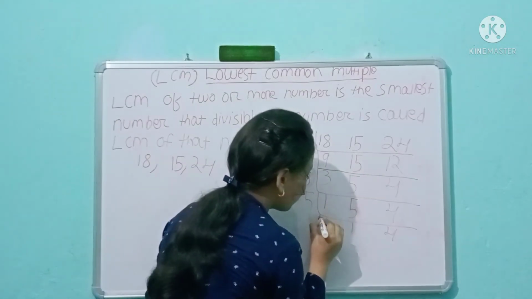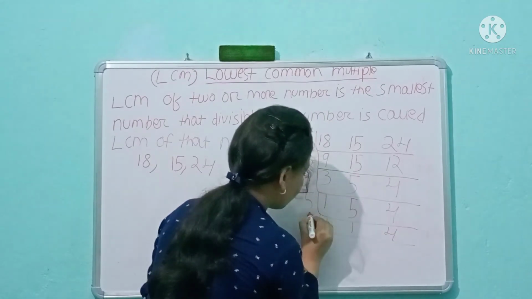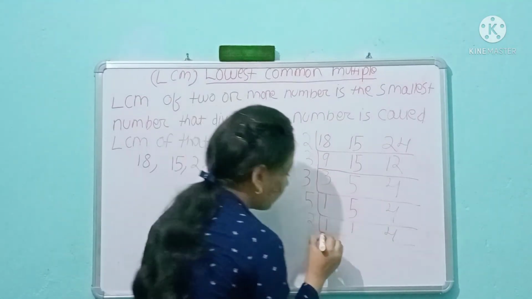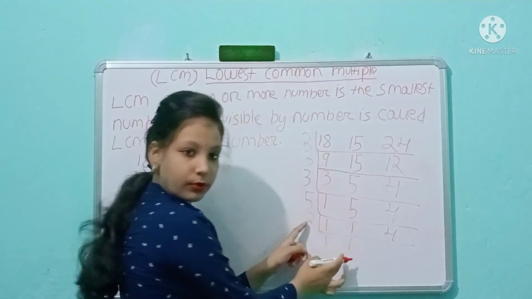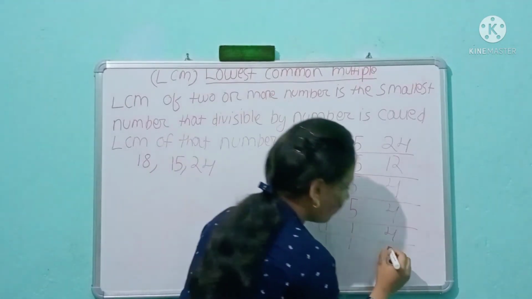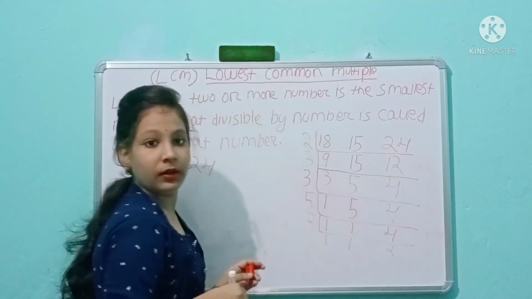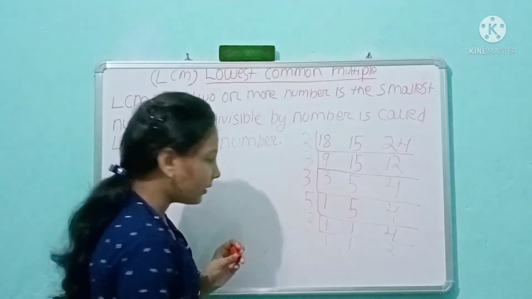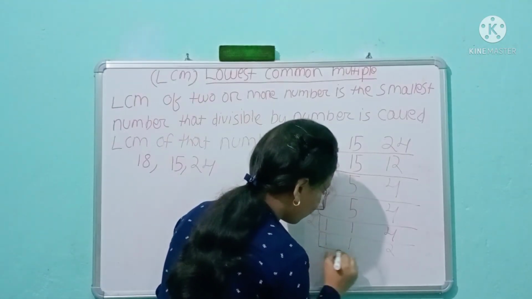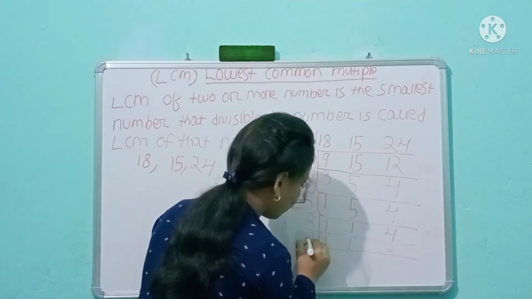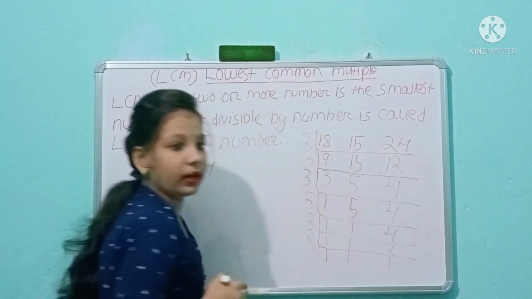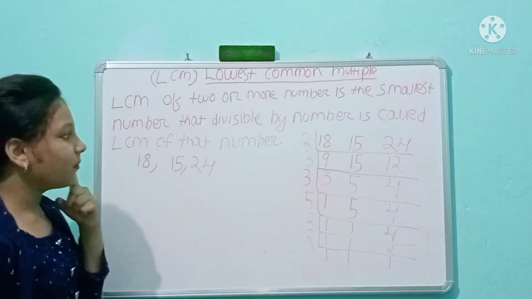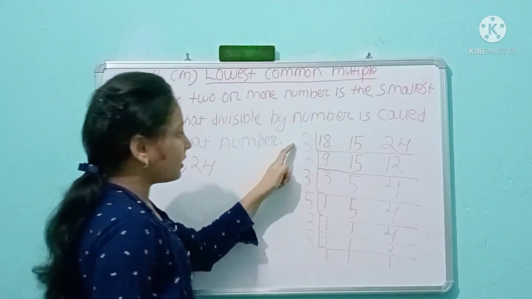Then here is 2, here is 1 and here is 1. 1 is 1 and 1 is left over. So 2 2s are 4. Clear? Then divide it by 2. Here is 1, 1 and here is 1. Clear? So then we write here 2.